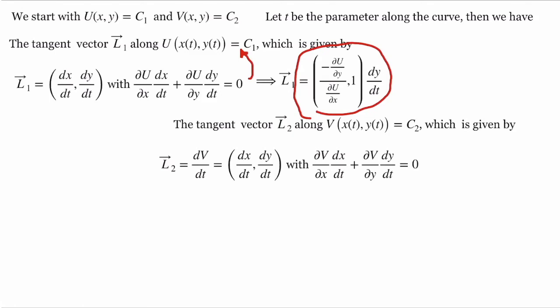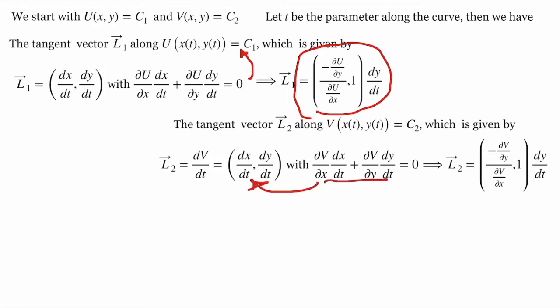That is to say the curve is described by v(x,y) equal to constant. Now we can substitute this expression back into the tangent vector, and we obtain a cumbersome looking expression for the tangent vector, factoring out dy/dt.